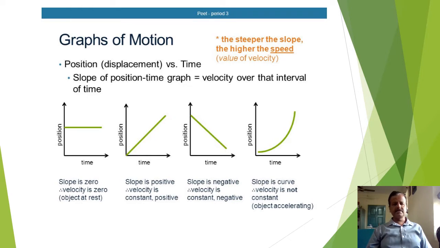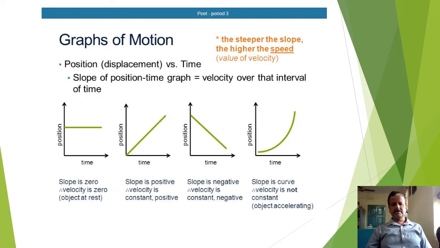As time is increasing, the position is taking the same value. Therefore, if the straight line is parallel to the time axis, it means it is stationary. The position doesn't change at all, so the body is at rest.